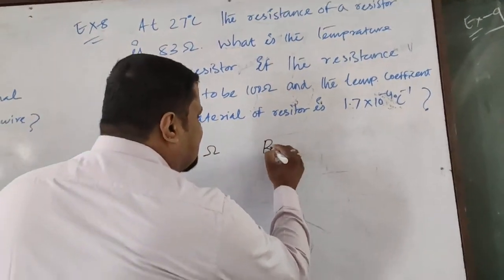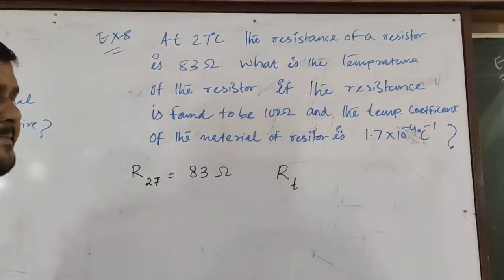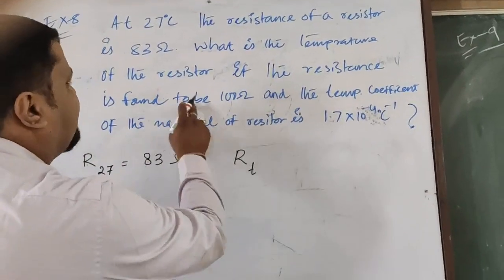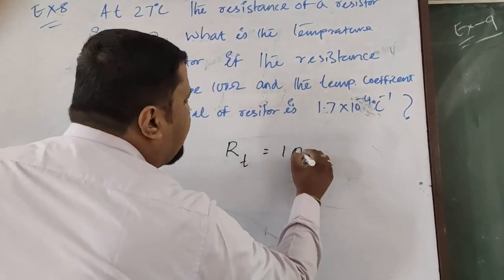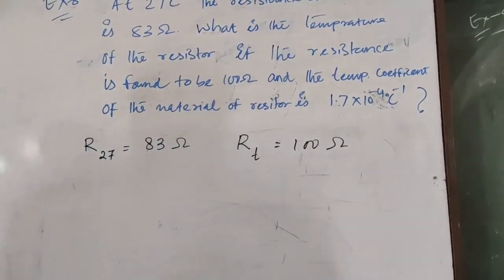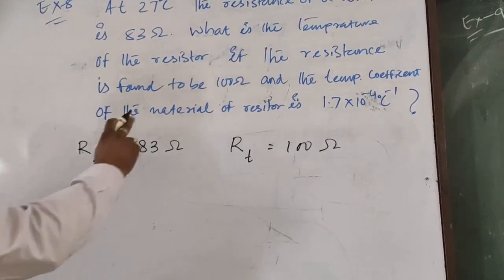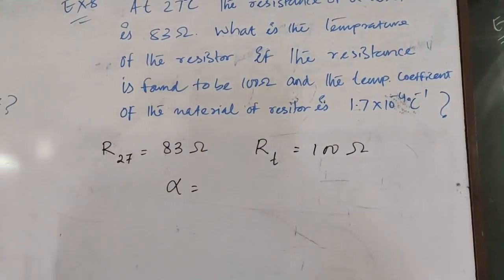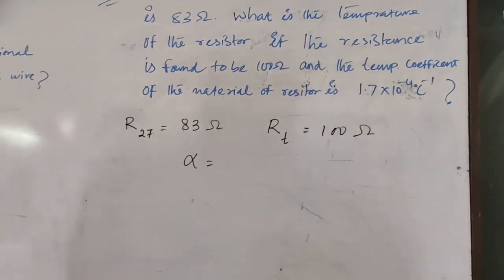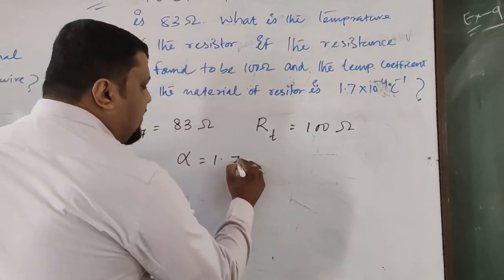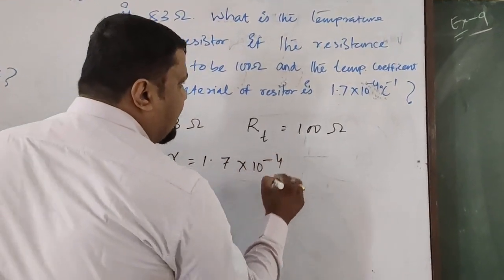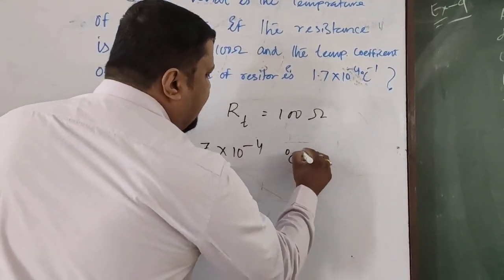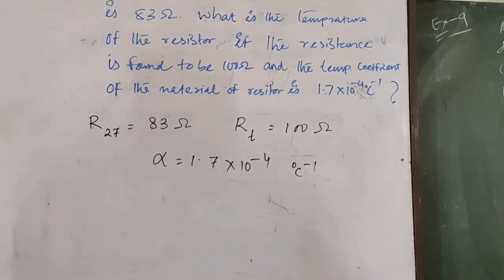Let the temperature be T, and RT is 100 ohm. The temperature coefficient of the material of the resistor, alpha, is given as 1.7 into 10 to the power minus 4 per degree centigrade.